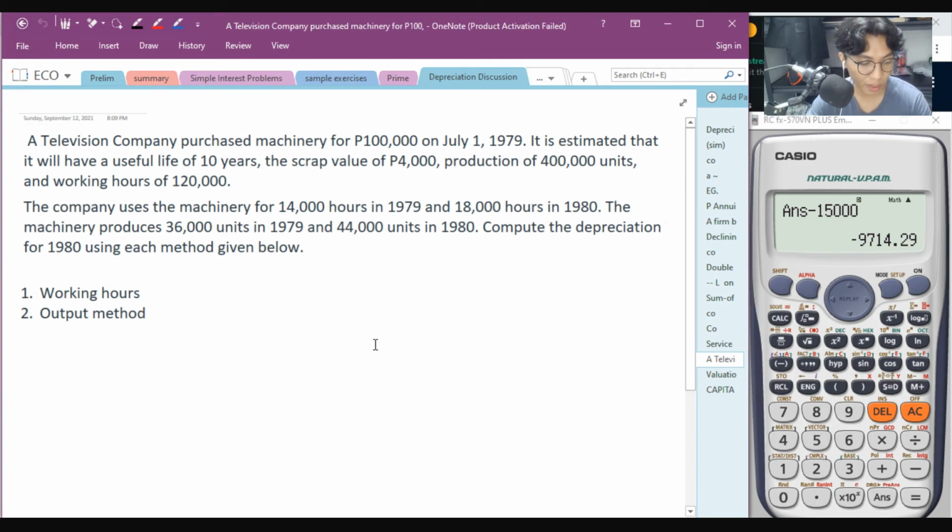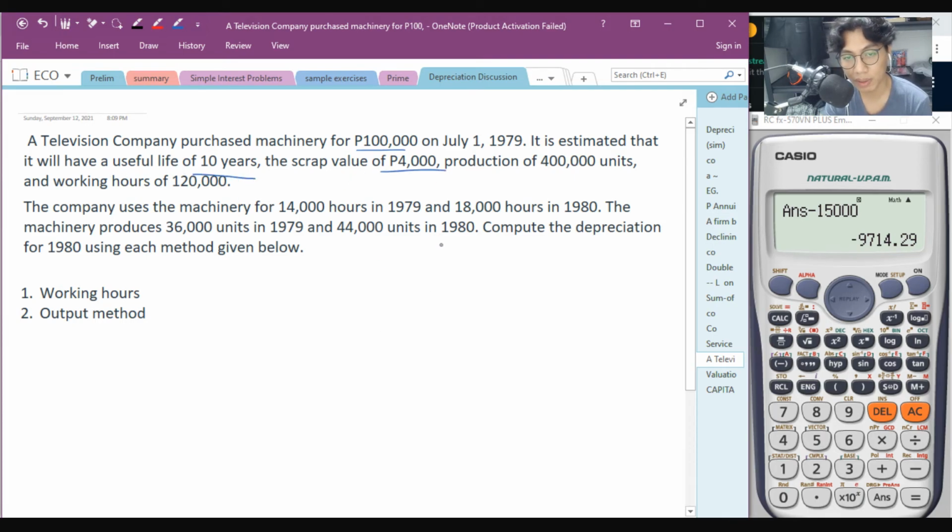So, I have here a problem for a television company. Okay? So, the problem tells like this. A television company purchased a machinery for 100,000 pesos on July 1st, 1979. It is estimated that it will have a useful life of 10 years.